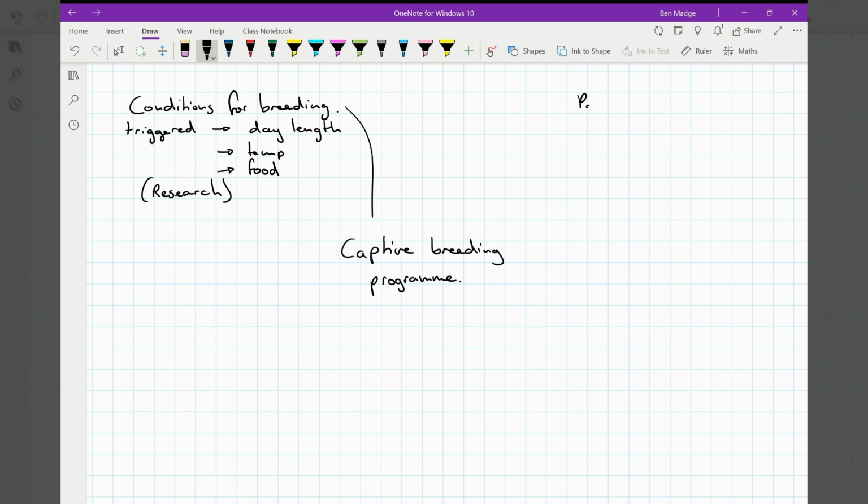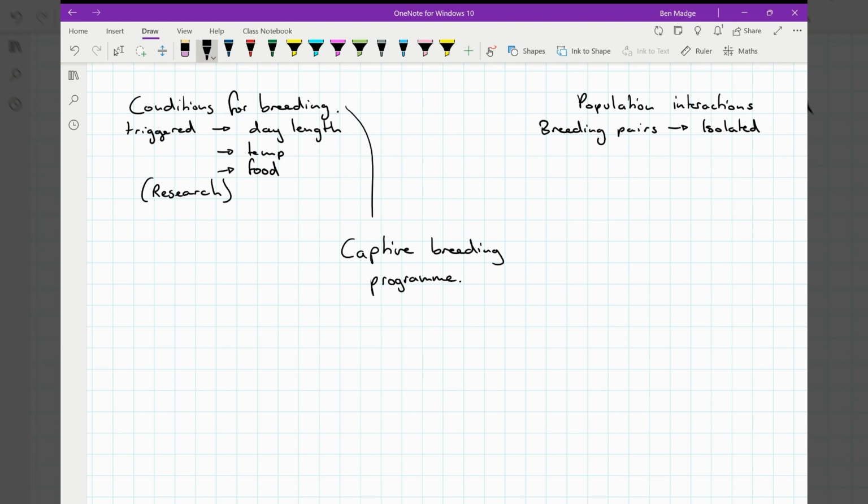Population interactions. So we might find that breeding pairs, they like to be isolated from other adults because otherwise the other adults are a risk to eggs or chicks or young.